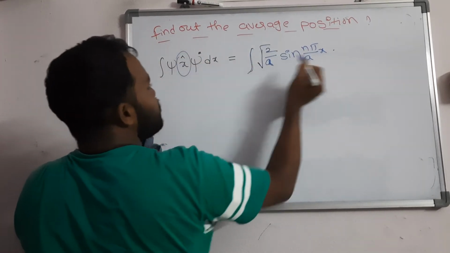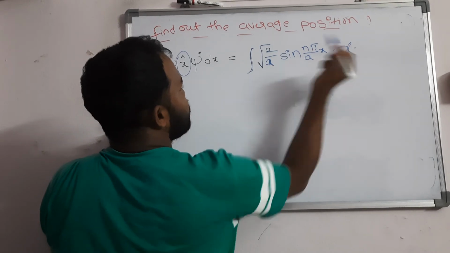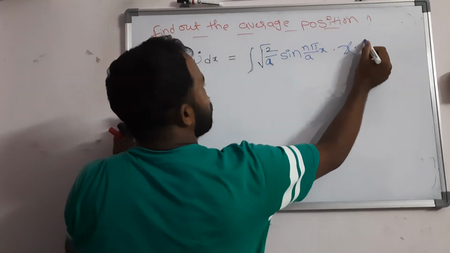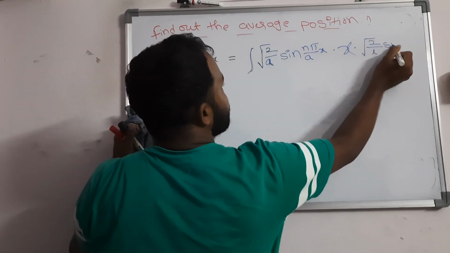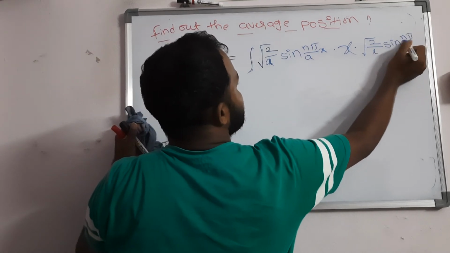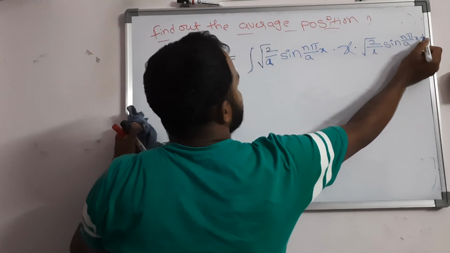X cap is x. And psi star is the same, root 2 by L into sine n pi by a into x into dx.